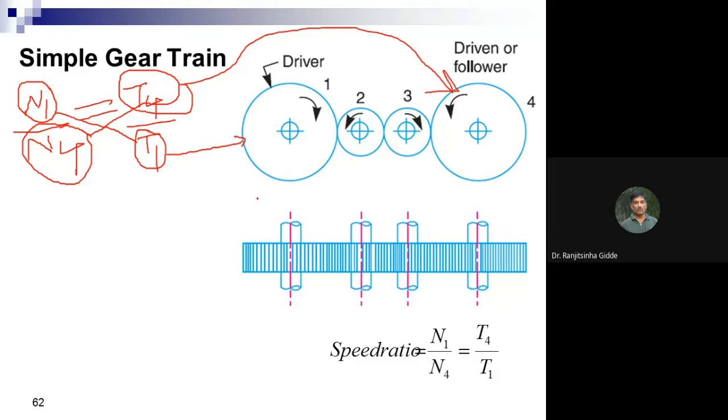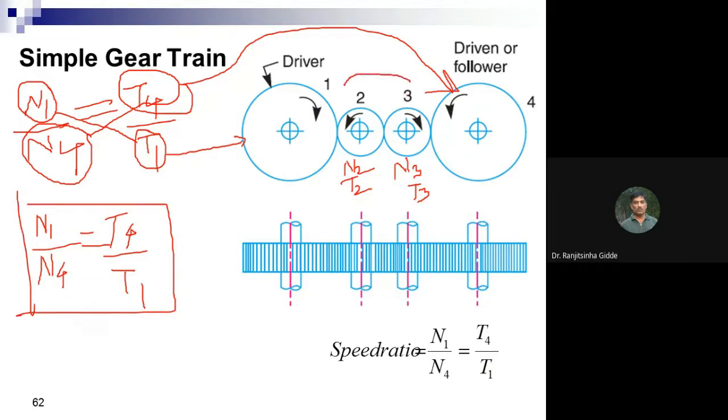What you are understanding? So n2 and T2, N3 and T3, there is no role of this N2, T2, N3 and T3, right?